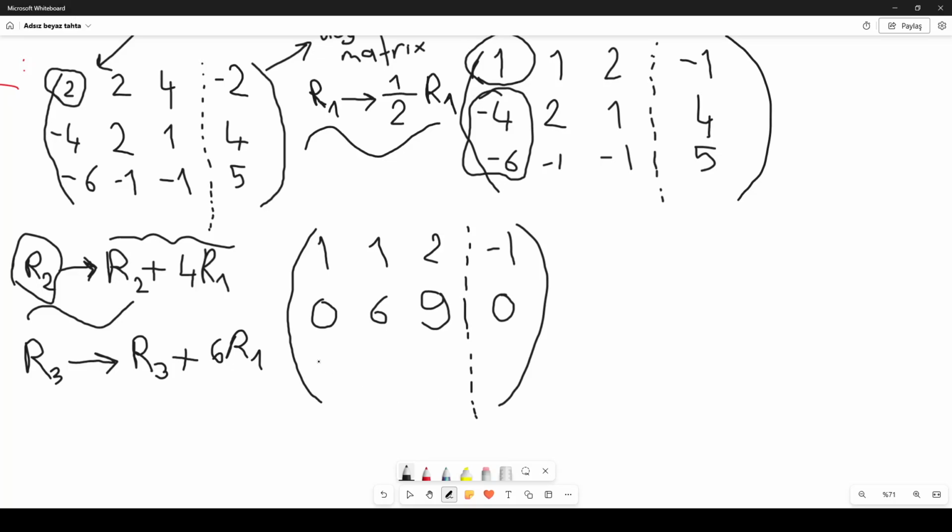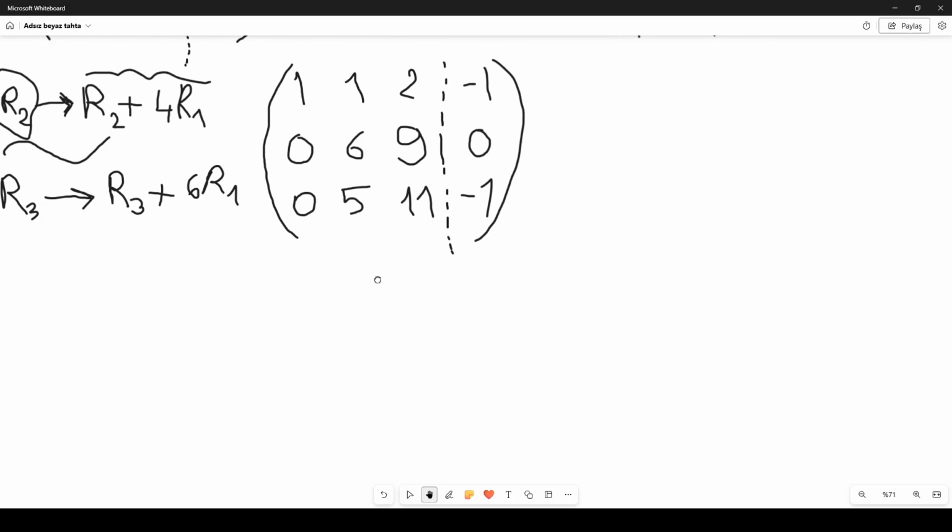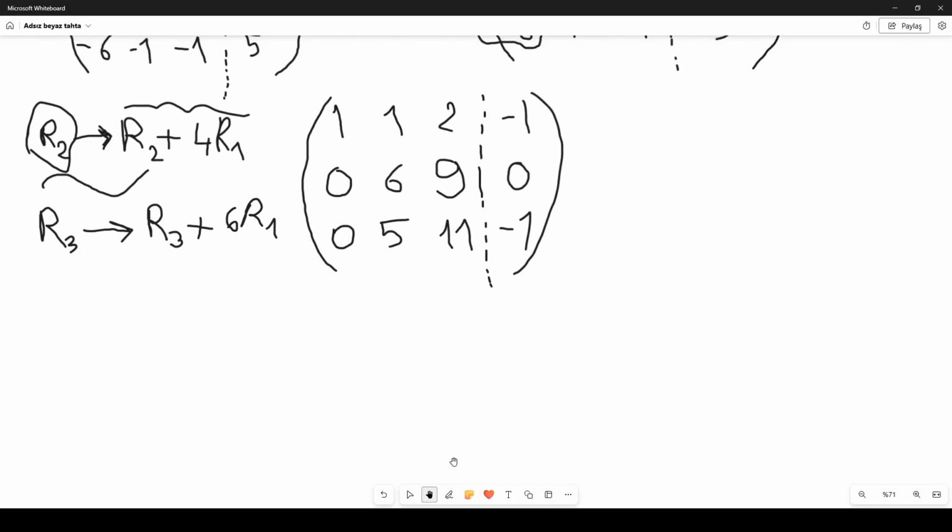And for the third row, we got, after this change, 0, 5, 11 and -1, and this is what I get after this modification. All right then, let's now check. In each iteration, in other words, after each computational step, I check to see if it is in reduced row echelon form or not.